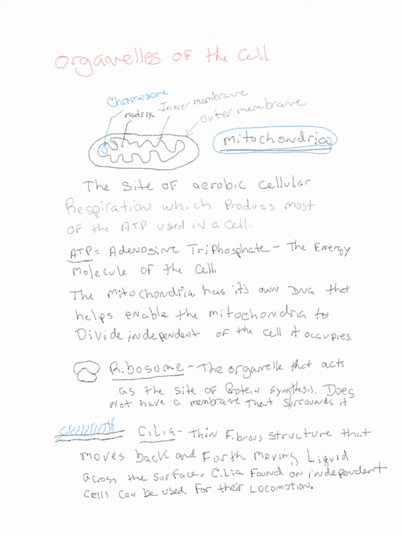And the mitochondria itself is the site of aerobic cell respiration. Aerobic means oxygen, so it's the part of cell respiration that requires oxygen. And this is where most of the ATP of the cell is produced. When there's not enough oxygen, the cell will produce ATP without oxygen, or anaerobic respiration.